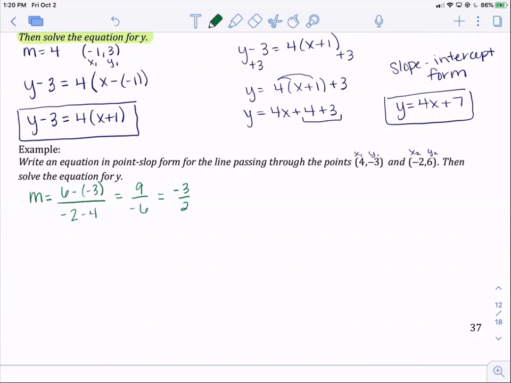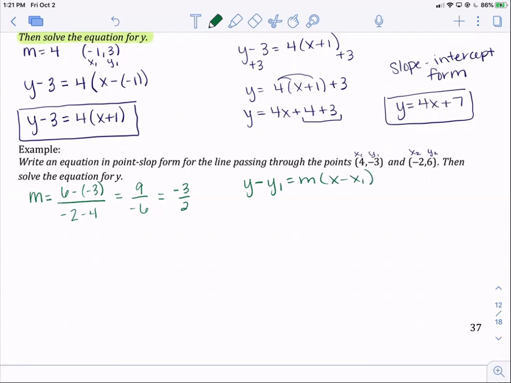Okay, for point slope form, does it matter which point we use? No. So there's two possible answers for the point slope form. Which one do you want to use? The first one or the second one? Pick, I don't care. Second one, thank you. So we have y minus y1 equals m times the quantity x minus x1.